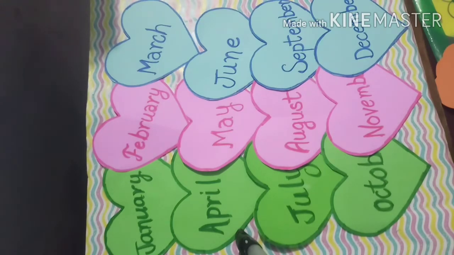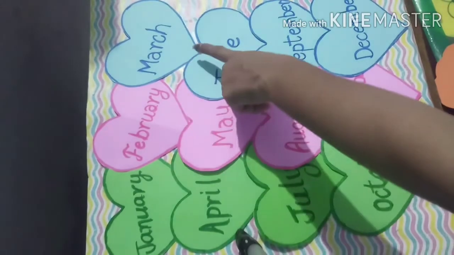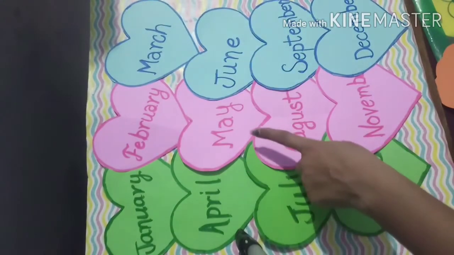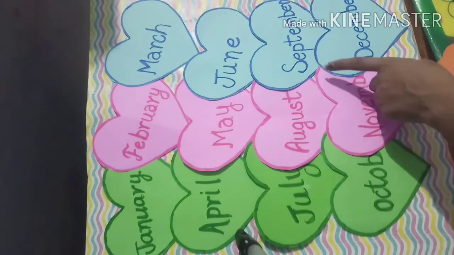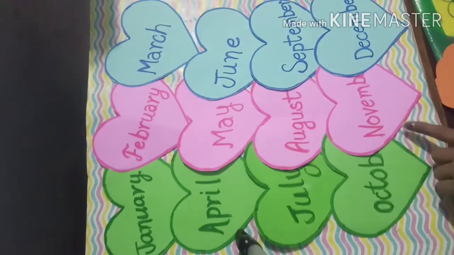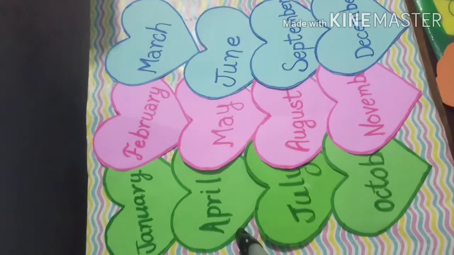See, I have taken 3 colored sheets, and on those sheets I have written months of a year. It's January, February, March, April, May, June, July, August, September, October, November and December. So like this you will write months of a year.